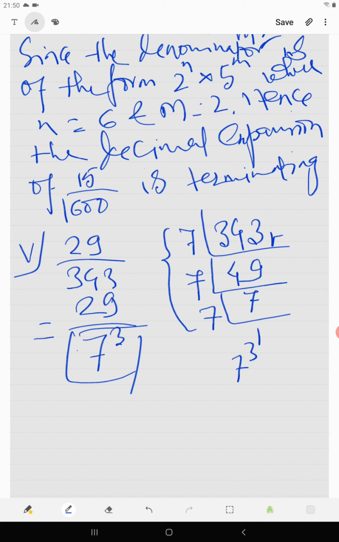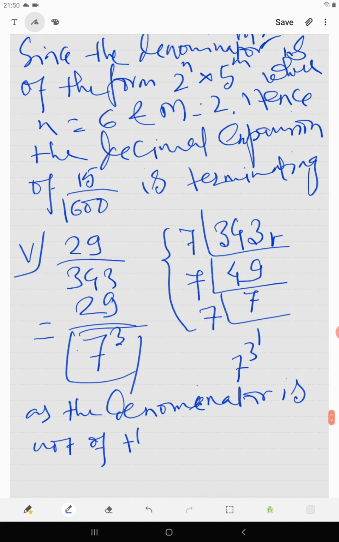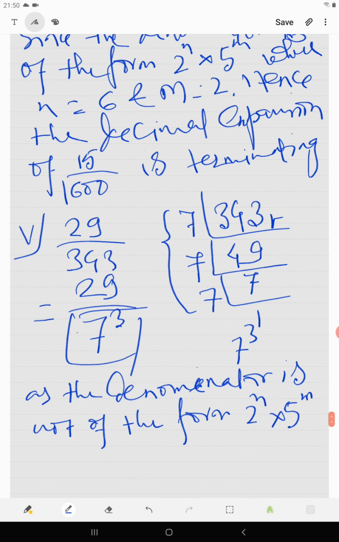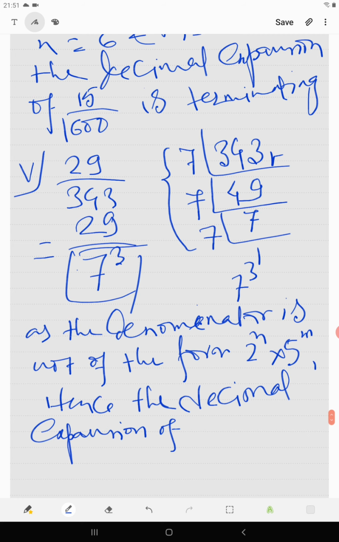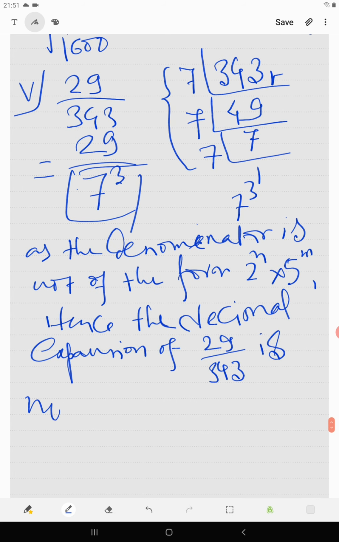No. As the denominator is not of the form 2 to the power n into 5 to the power m, hence the decimal expansion of 29 by 343 is non-terminating repeating.